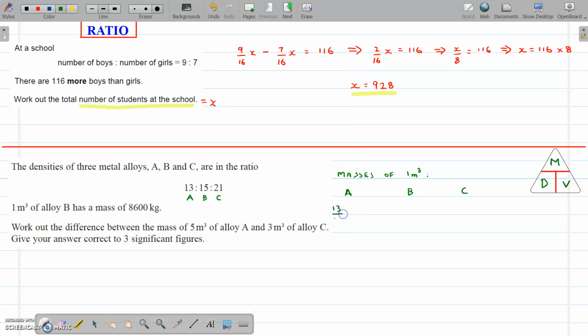So 13/15ths of 8,600. B is 8,600. And C, so a cubic meter of C would be 21/15ths of 8,600.